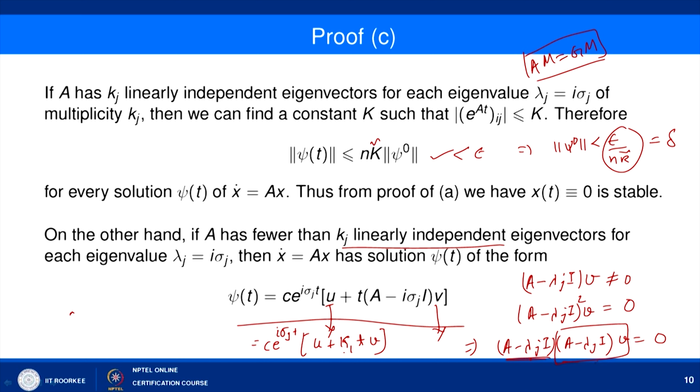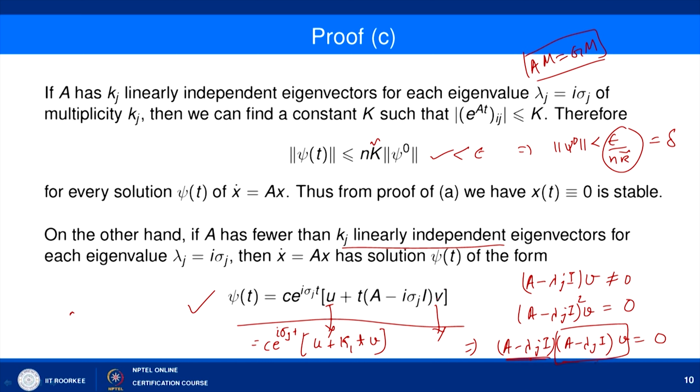So what we have done here is that if the algebraic multiplicity is strictly greater than the geometric multiplicity, then there is a solution of the form psi t equal to c e to the power i sigma j t u plus t times (A minus i sigma j I) v, where v is a generalized eigenvector and u is an eigenvector.